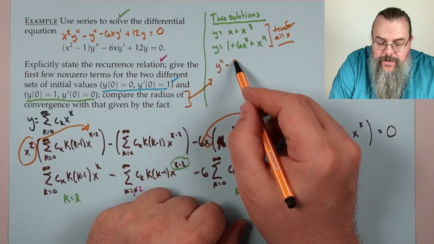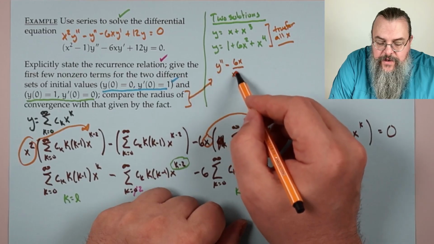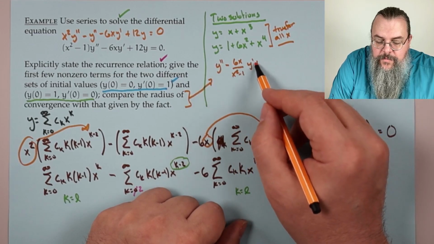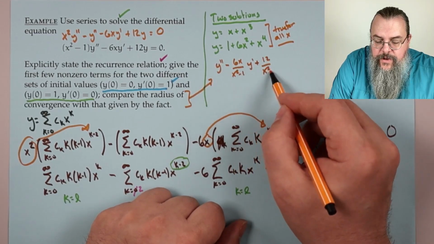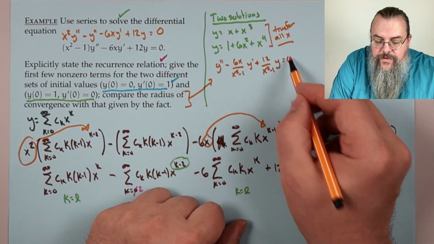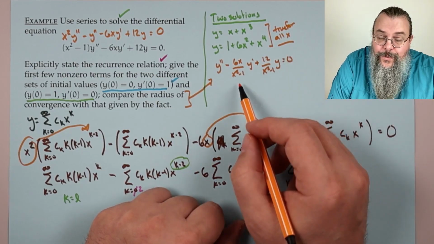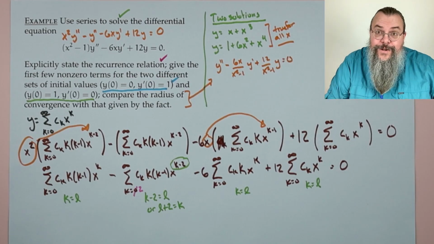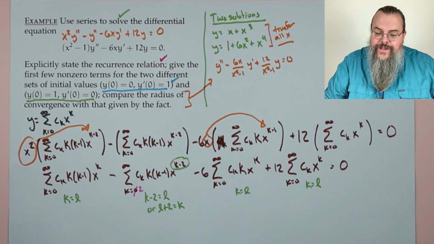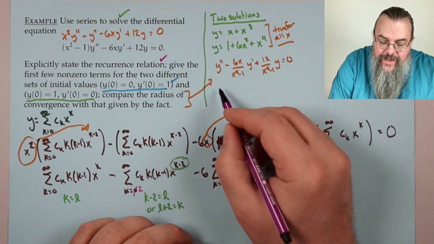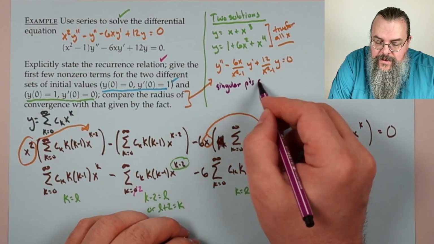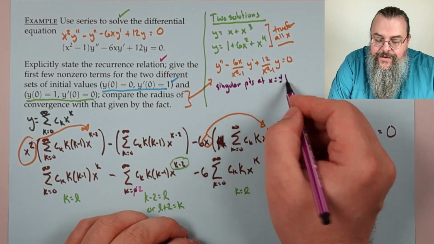So y double prime minus 6x over x squared minus 1 times y prime, and then plus 12 over x squared minus 1 times y equals 0. What's an issue? We have singular points. So there are singular points at x equals plus or minus 1.